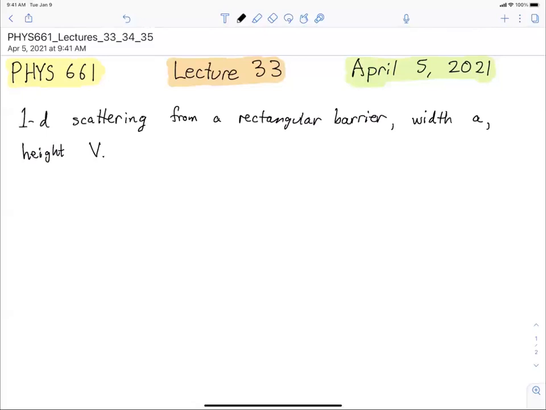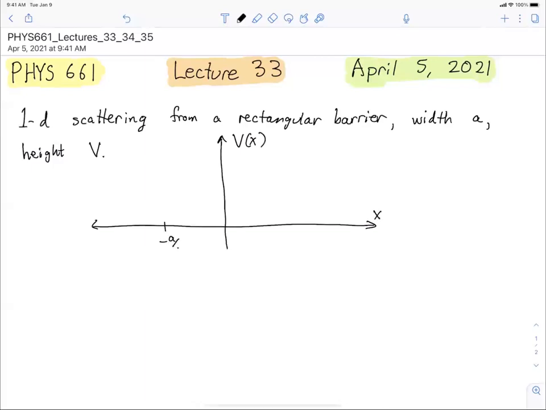And we might as well choose the origin to be right at the center of where our barrier is. So if we just draw a picture of it, here is potential as a function of position. And here's going to be minus A over 2. And on the right will be A over 2.